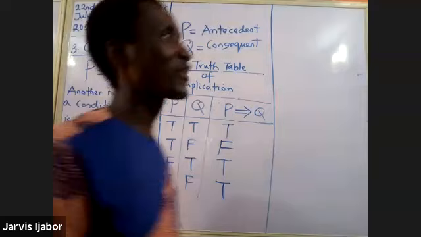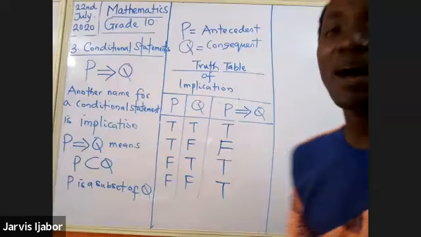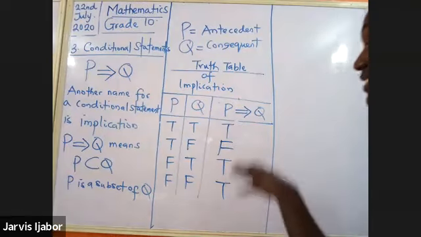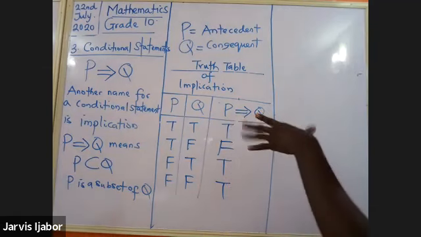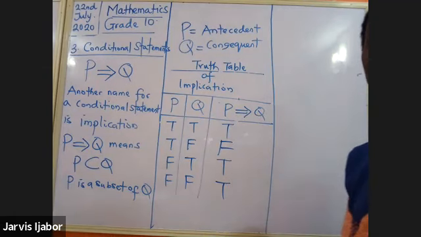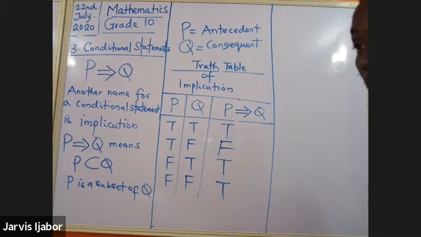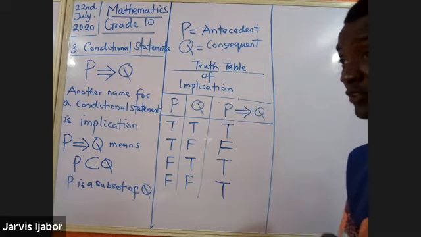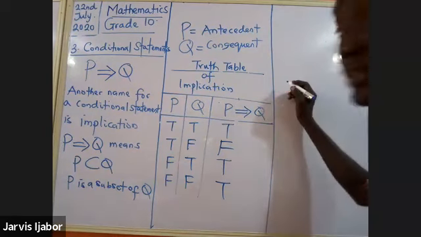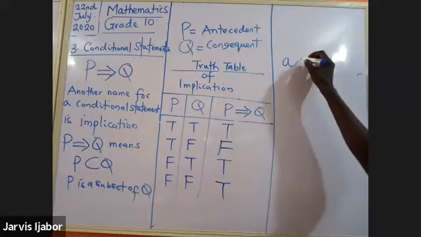Well, let me try to see if I can get an example to explain this. It can be very tricky for students to understand. Now look at this. I think I just thought of a very interesting example for it. Look at this.